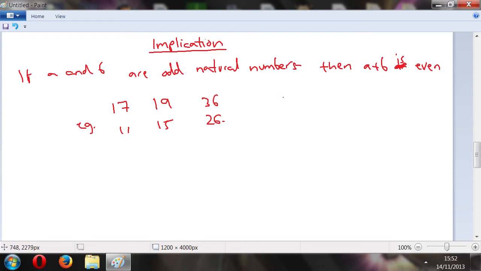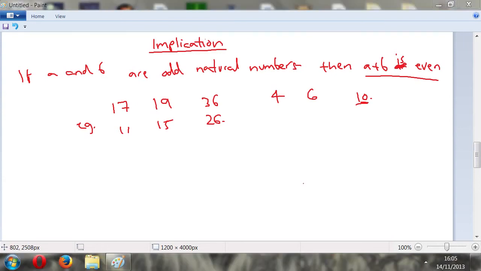So it's always going to be the case, so we could say that is true. But then if we look at this, A plus B is even. If we had two even numbers, if we had 4 and 6, then the result is going to be even as well. So if A and B are odd natural numbers, then A plus B is going to be even.